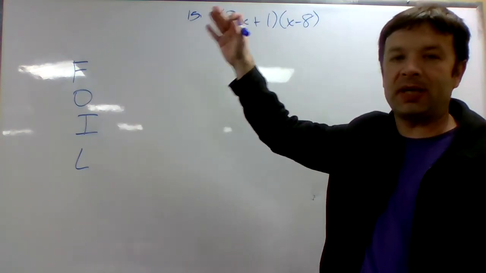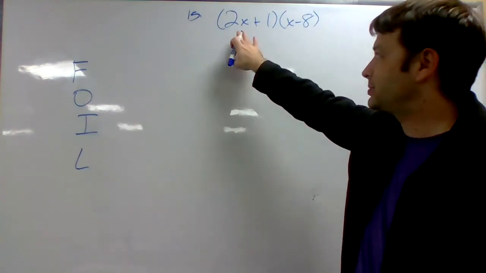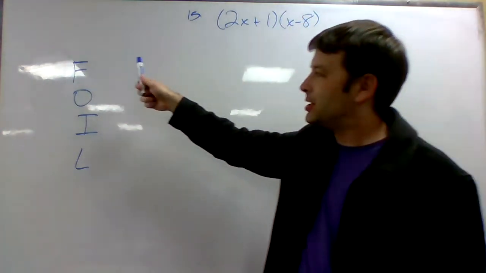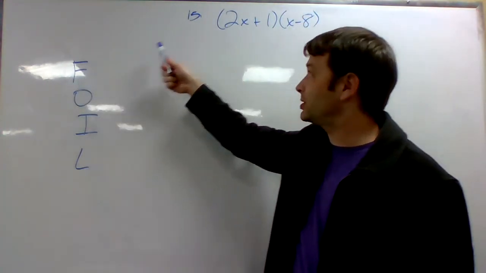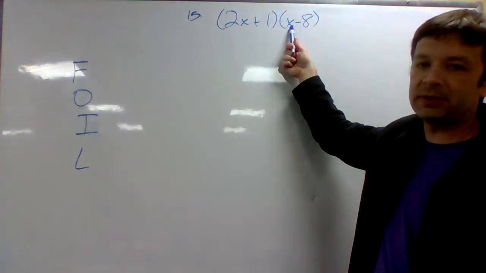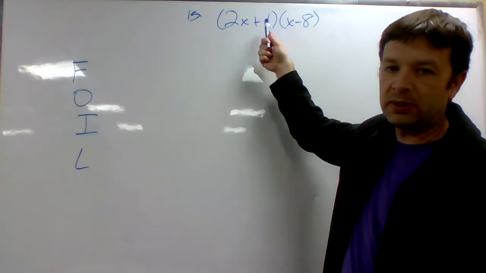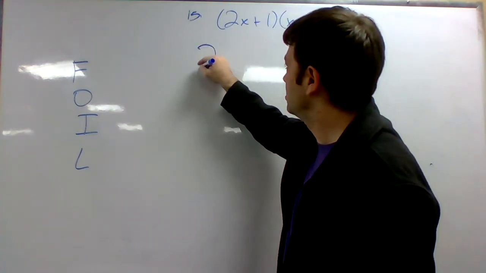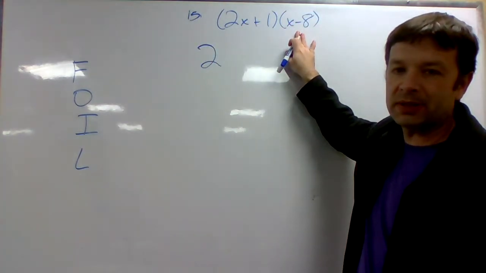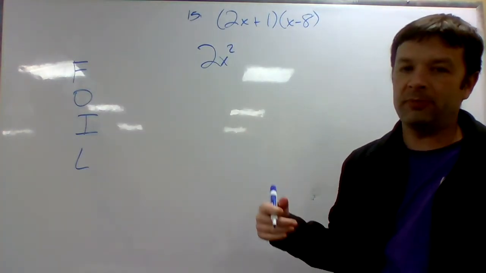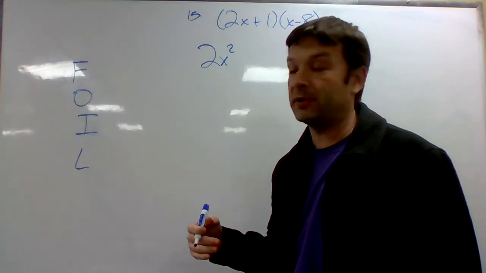The last problem just had x and x. Okay, this has 2x and x, so it's going to be slightly different. So when I multiply the first together, what's 2x times x? Well, it's basically like 2 times 1 is 2, and then x times x is x squared. Okay, so that's pretty much the only difference.